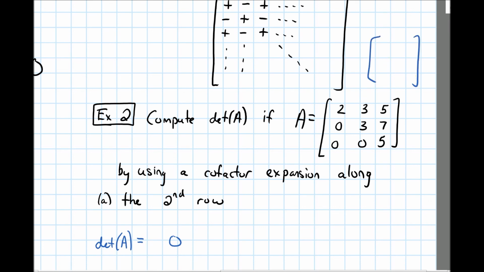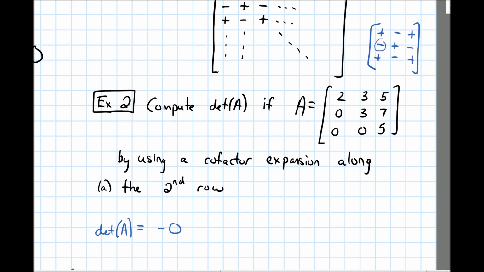I have a 3 by 3 matrix, and the signs of that would be plus, minus, plus, minus, plus, minus, plus, minus, plus. So where this 0 is corresponds to a negative sign. So I have to put a negative in front of the 0. And then I multiply it by the determinant, using this absolute value notation, of the matrix that I get when I cross out the row that 0 is in and the column it's in. So that's 3, 5, and 0, 5.